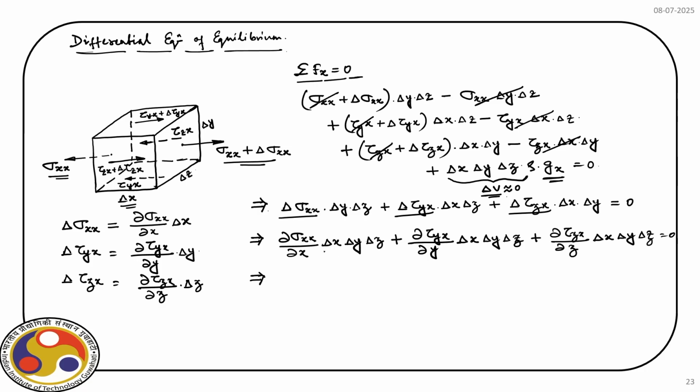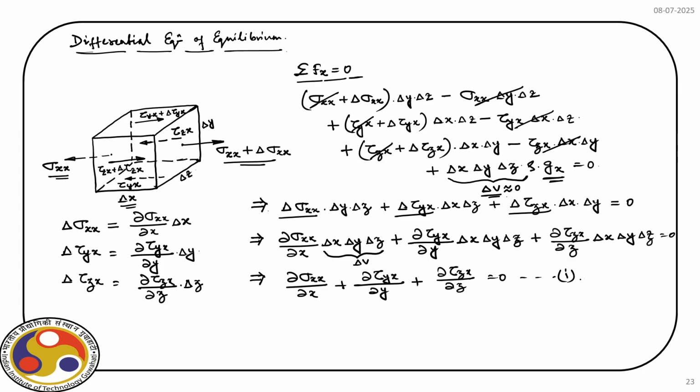Obviously, this factor delta v is common, so we can take it out, and then our differential equation of equilibrium is, so that is the first differential equation of equilibrium.